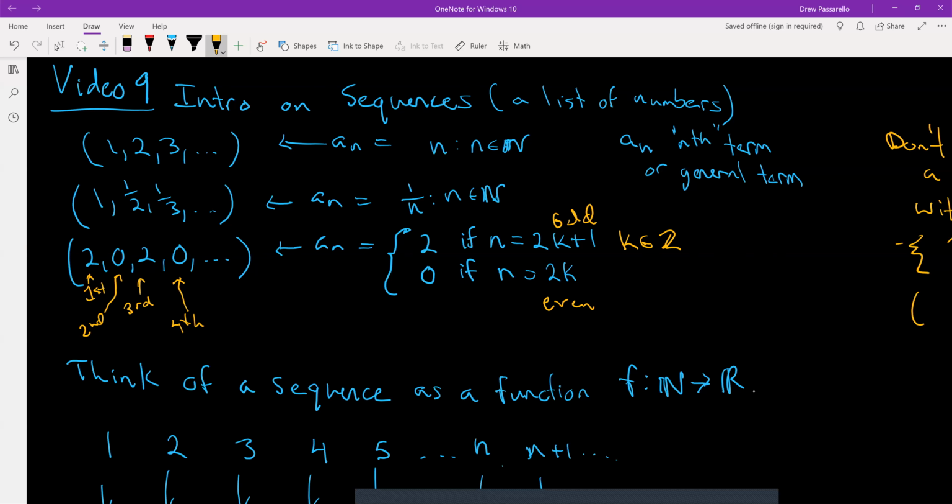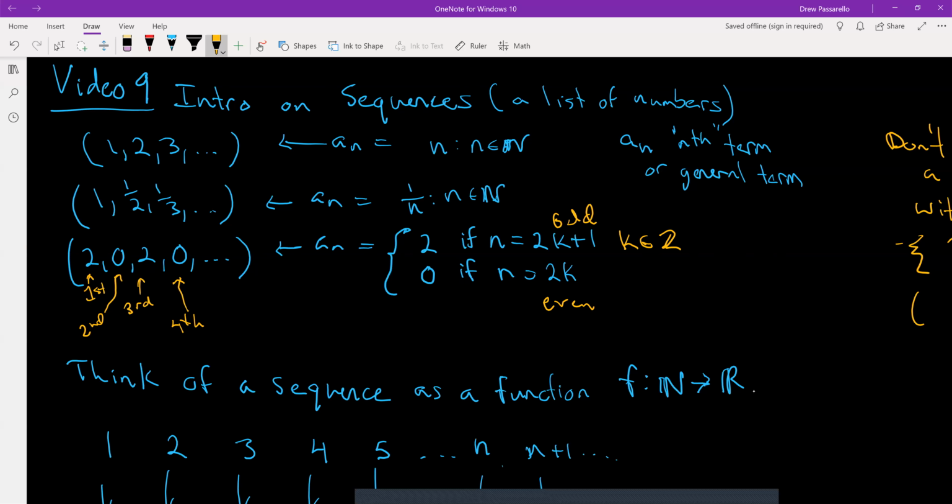All right, so there are these 3 sequences, and then I said don't confuse a sequence with a set. The sequence example with 2, 0, 2, 0, where it alternates, is a perfect example. It keeps going on forever. Now the only possibilities are 2 and 0.